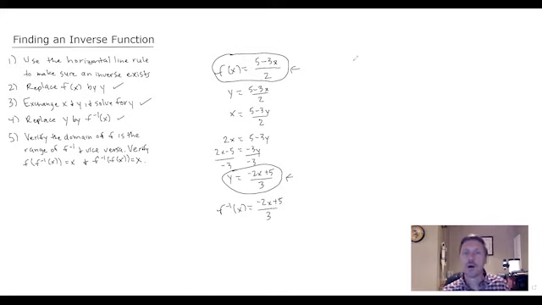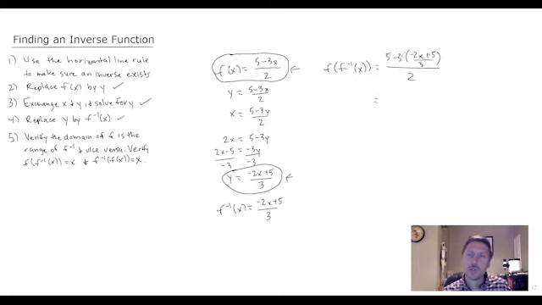There we go. All right, so let's do f of negative 1 of x. So let's plug that in there. And what do we get? We've got 5 minus 3, and for x here, we're going to plug in negative 2x plus 5 divided by 3, and all of that divided by 2.